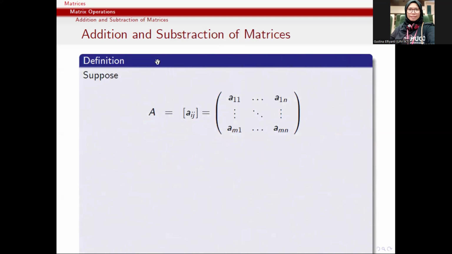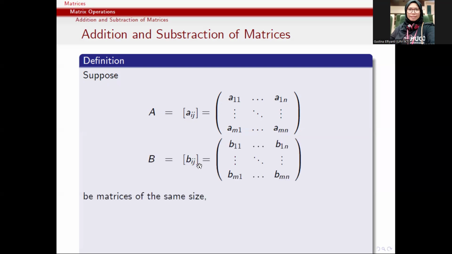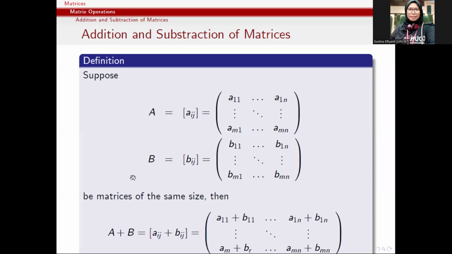Let me give the formal definitions. Let A be an m by n matrix, and B also an m by n matrix. Then we can write A plus B like this.